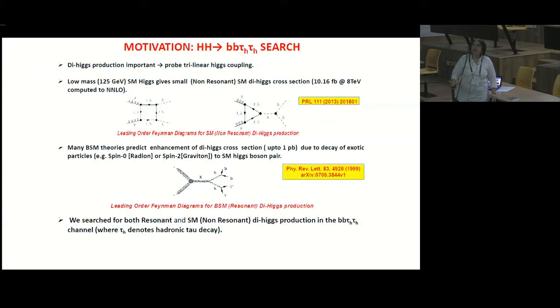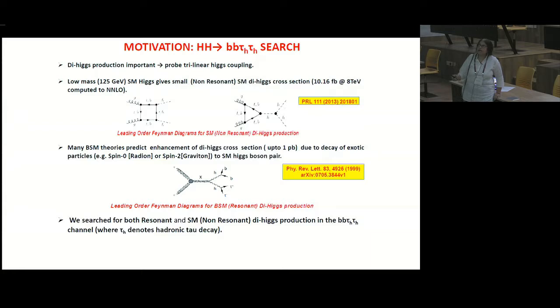Okay, so I should spend a little more time on this di-Higgs mode, because I did not show any in the previous slide. So in this mode, there can be a standard model production, there are these two diagrams which compete with each other, and as a result, the final cross section is actually very, very small for standard model di-Higgs production.